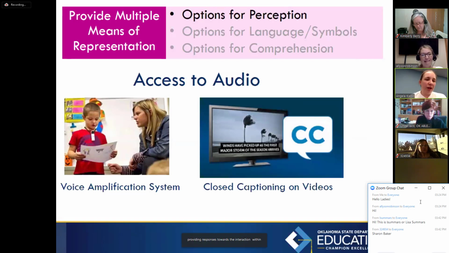And of course, on the right-hand side, we also see that if a teacher would be using video, it would be important to address closed captioning because it may address students with learning difficulties, but it could help enhance the learning opportunity for English language learners or students that may be struggling with vocabulary terms. They can see what the word is and have a second way of learning the content.